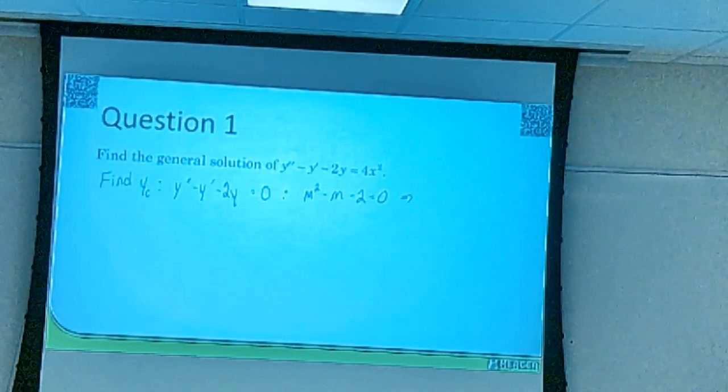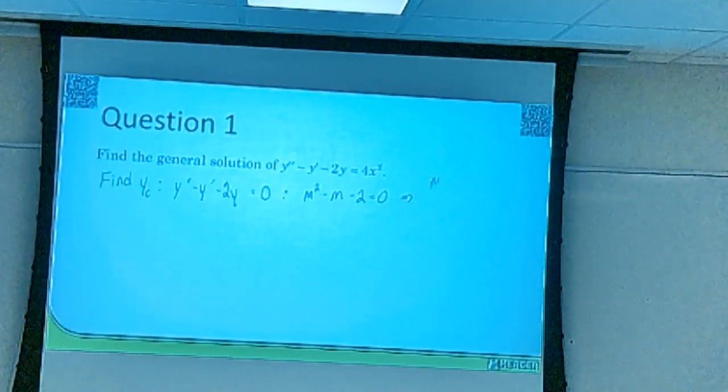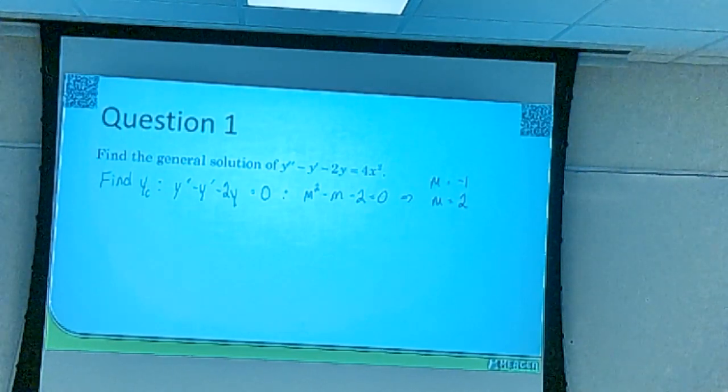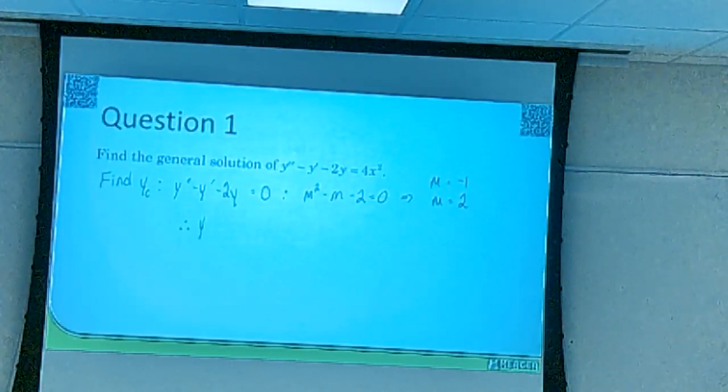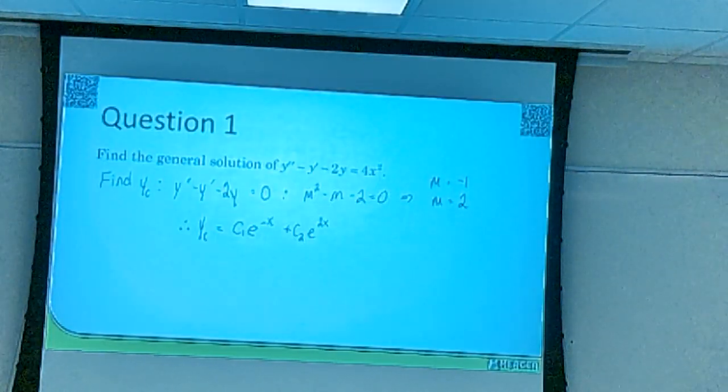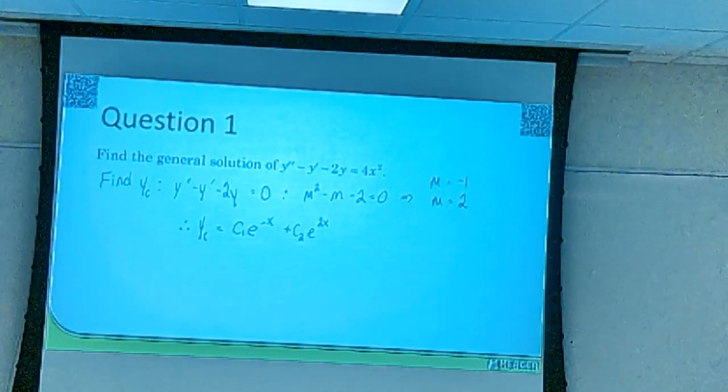I believe we may have already solved that. So then the complementary function is the solution of the homogeneous equation. There's our complementary function. It's the general solution of the homogeneous. So that's not too difficult.